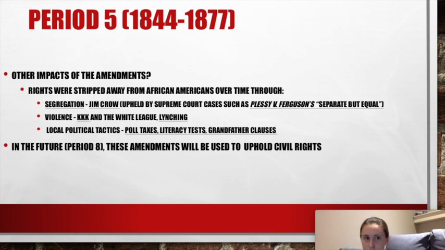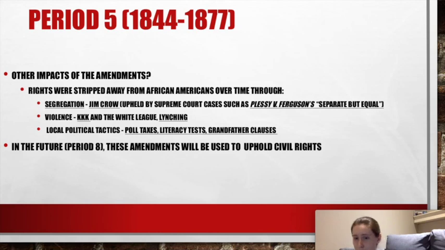Now, other impacts of the amendments, I want you guys to know that in the end, Reconstruction is not successful in gaining more rights for African Americans. We're going to see the Supreme Court actually support segregation with Plessy versus Ferguson, that idea of separate but equal.